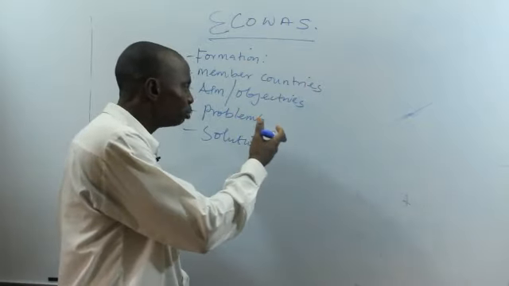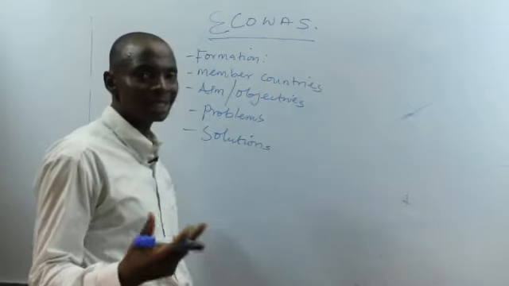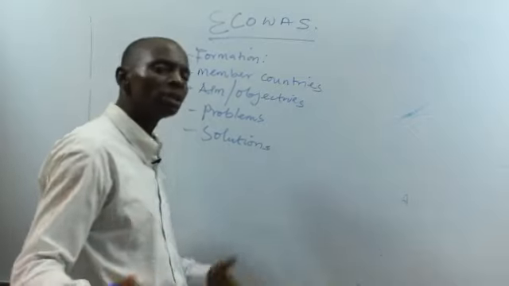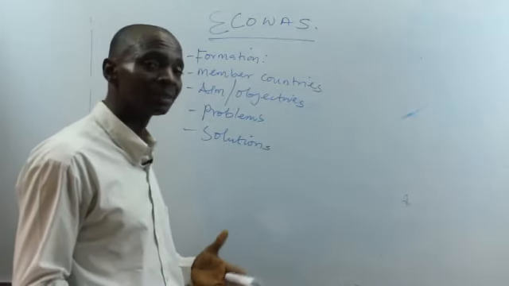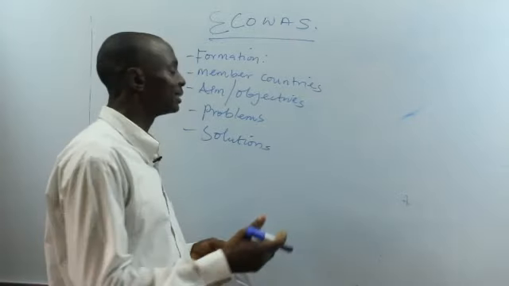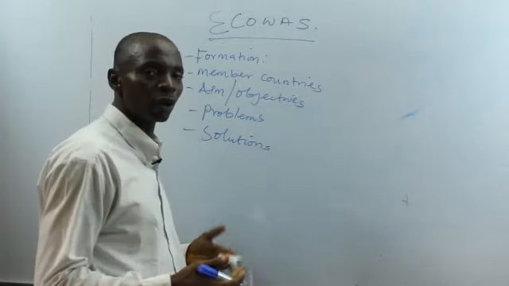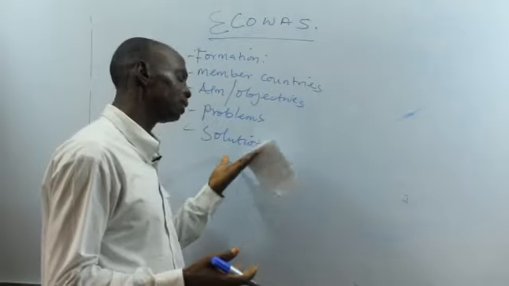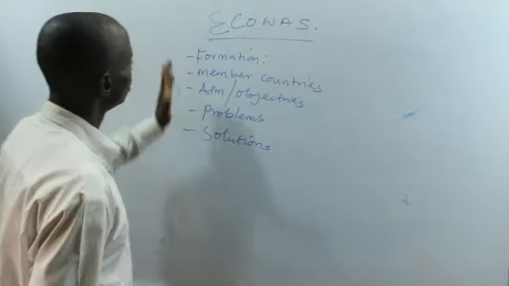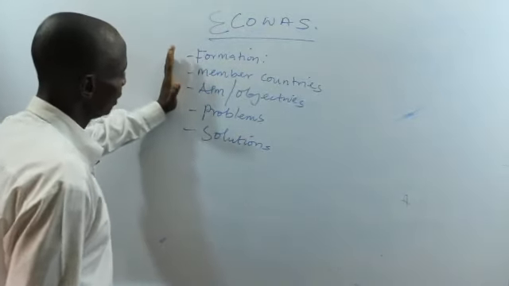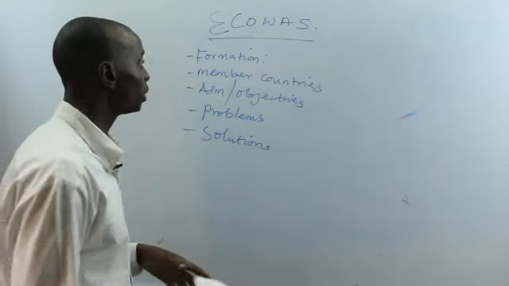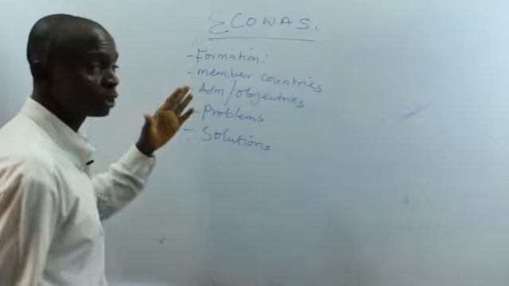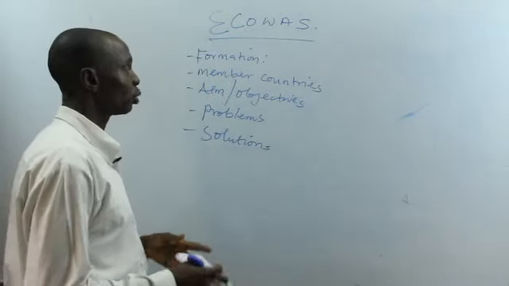Were they able to achieve what they set out to do, or did they have some obstructions, some hindrances that militate against them achieving what they set out to do? Then the solution. By the time you are able to look at these 5 major subheadings under this topic, you must have done justice to the topic ECOWAS.